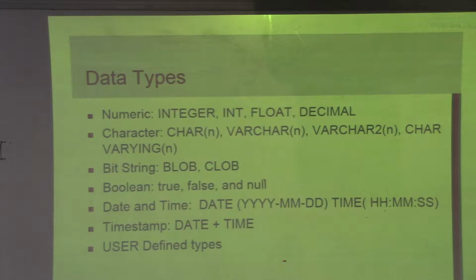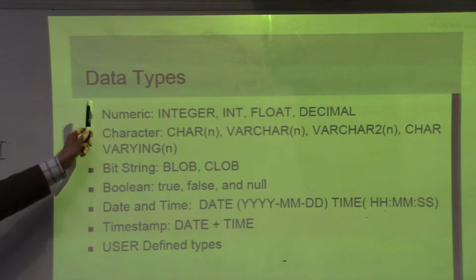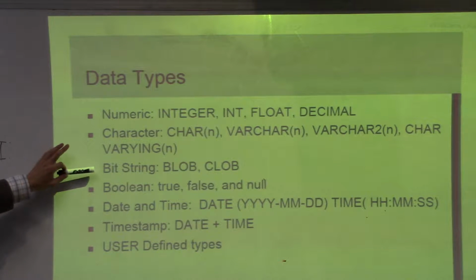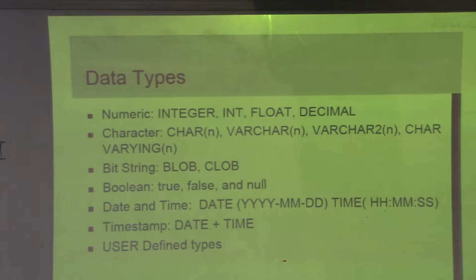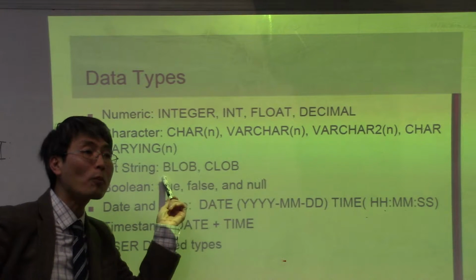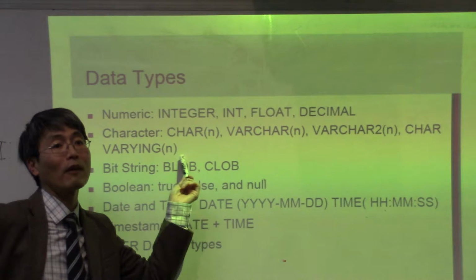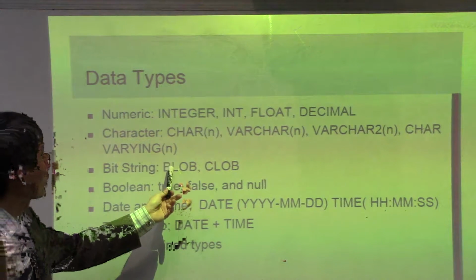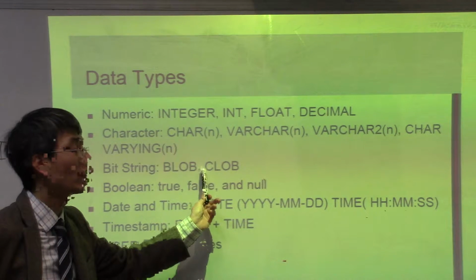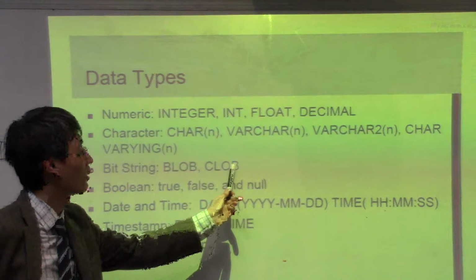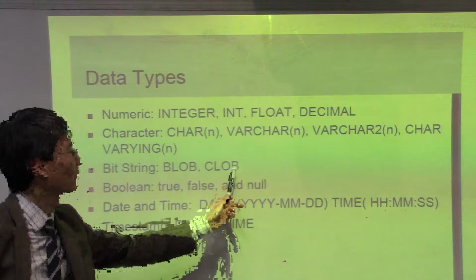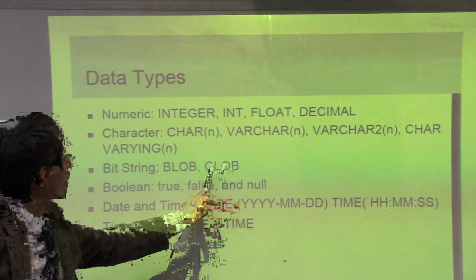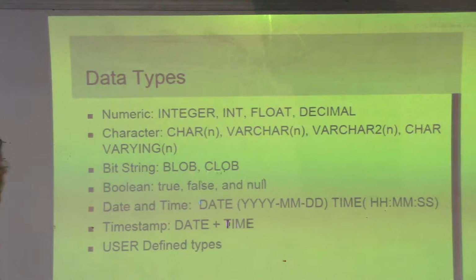Okay, then in addition to such popular numeric and character data, we have the binary data. We can keep the binary data. So you probably heard about the LOB, large object. If that is for binary data, it's BLOB, or for character data, the CLOB. The large object, BLOB.